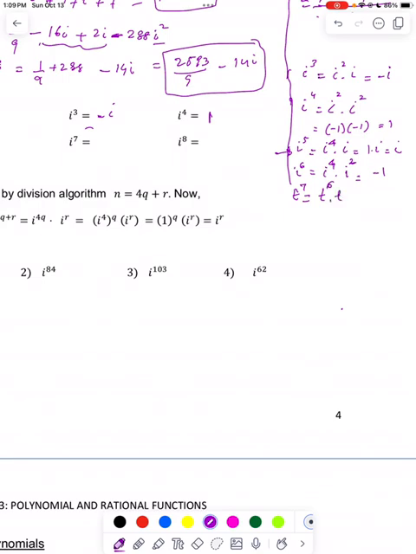So i to the 7 will be equal to i to the 6 times i, which can be written as negative 1 times i, or negative i. That's what we get for i to the 7.